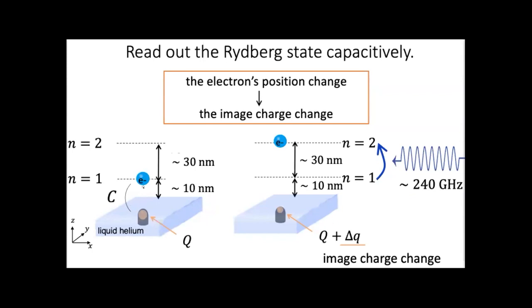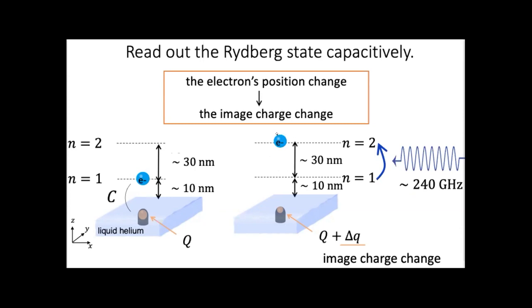Let's say this electron induces Q here. Then we can excite the electron by applying a microwave whose frequency is equal to the energy difference between the ground state and the first excited state. Typically, it's around 200 gigahertz. And then the electron moves its position by 30 nanometers.